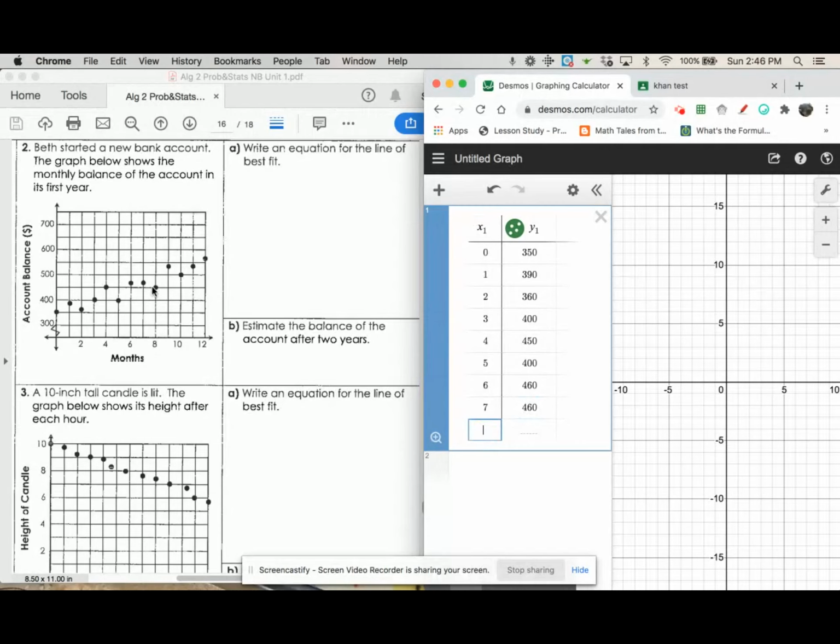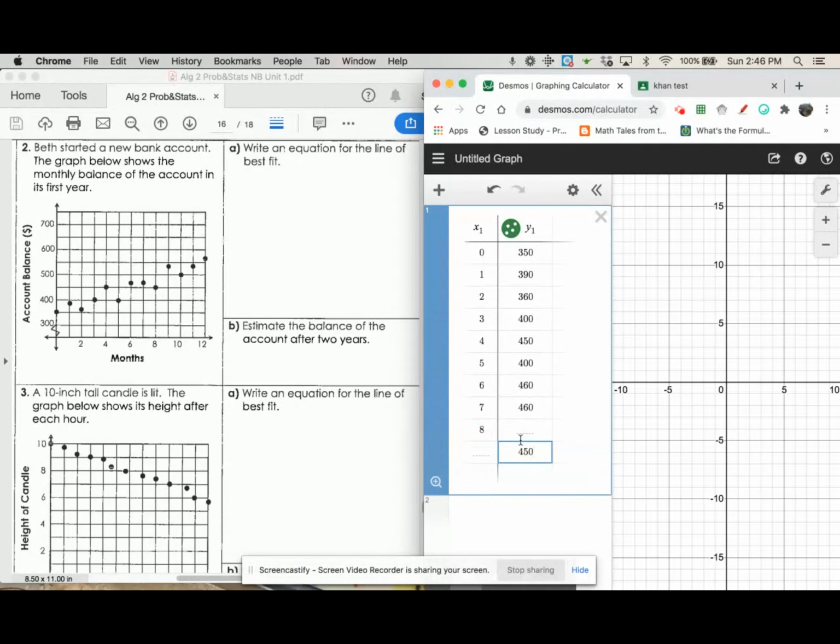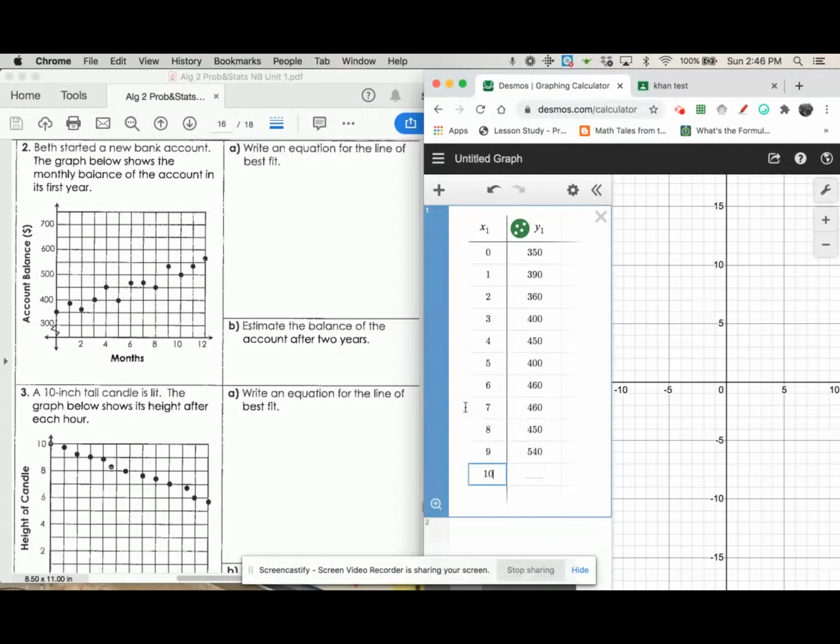Next point is 8, and this is at 450. Oops, wrong place. 450. My next entry, 9, is right below 550, so 540. I'm going to say 9, 540. My next entry is 10, 500.